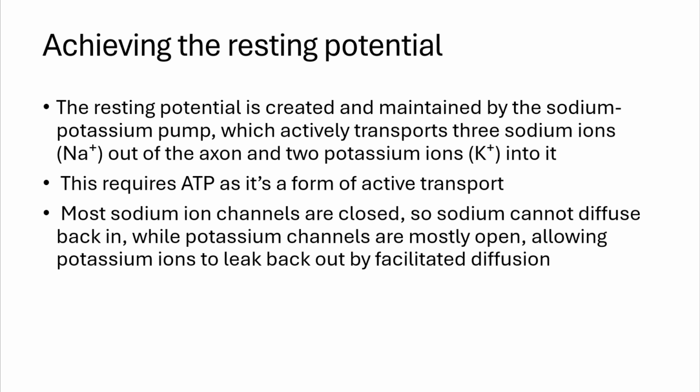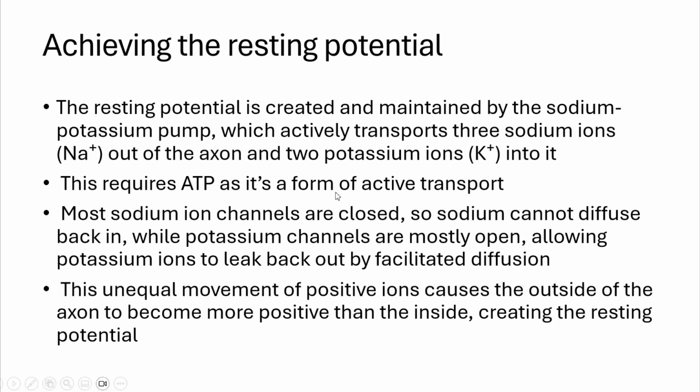That's why it's negative here. You see that 3 is moving out, 2 is moving in. So naturally, you already have that imbalance. You already have less positive inside. And then from those 2 that moved in, 1 could just decide to leak out. So that's another one that's also lost. So that's why it becomes so negative inside, yeah? Alright, calm. This unequal movement of positive ions causes the outside of the axon to become more positive than the inside, creating the resting potential, yeah?